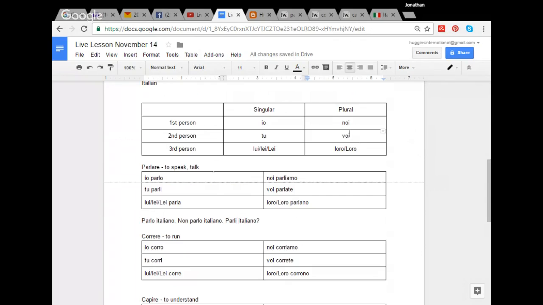Okay, so we're going to take off these endings for parlare, and we get parlo, parli, parla, parliamo, parlate, parlano. Similar to, let's say, Spanish or Russian, we have different endings here.